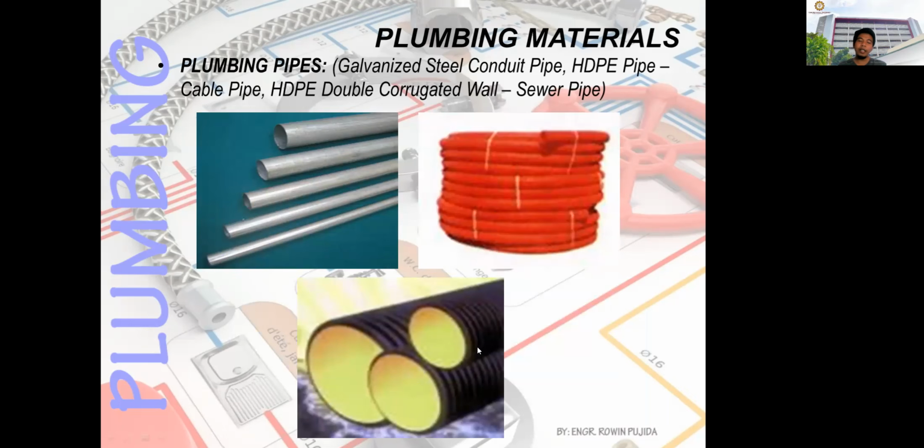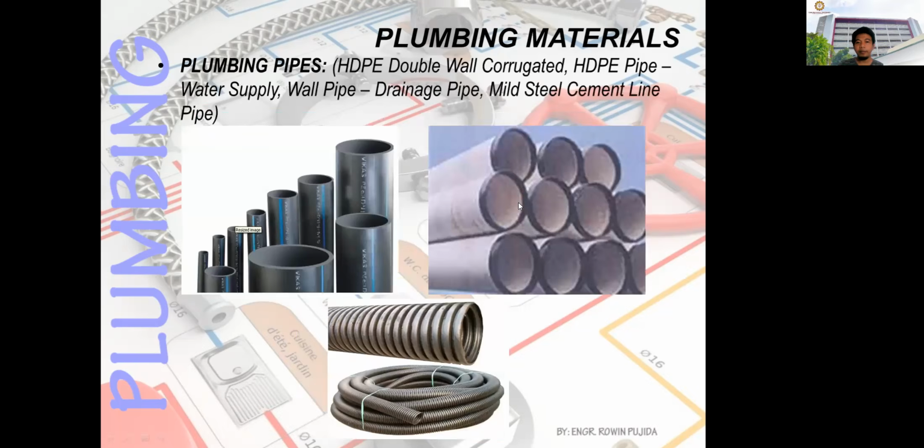This is used for sewer line. Sometimes that is laid in the public sewer lines beside the road. So I already saw this in person. And for the HDPE cable pipe, this is used for electrical wiring conduit. Okay, another is the HDPE double wall corrugated.